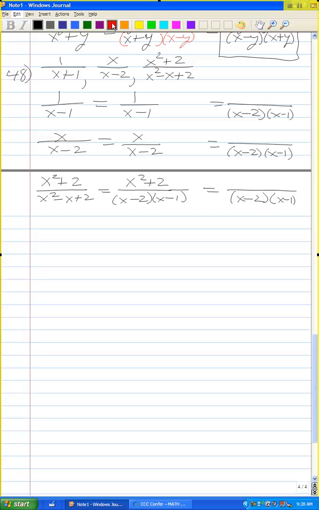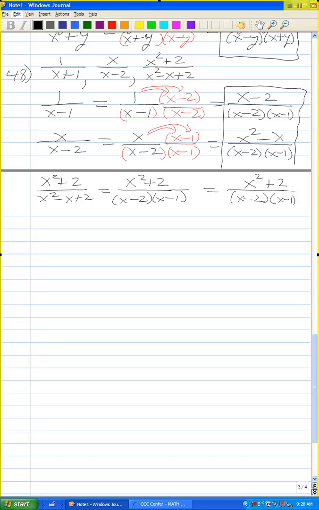Let me multiply and divide by x minus 2, by x minus 1. Well, you already have the common denominator for the very last one. And let me multiply x inside the parentheses. And so I get x minus 2, x squared minus x, and well, multiply by 1.